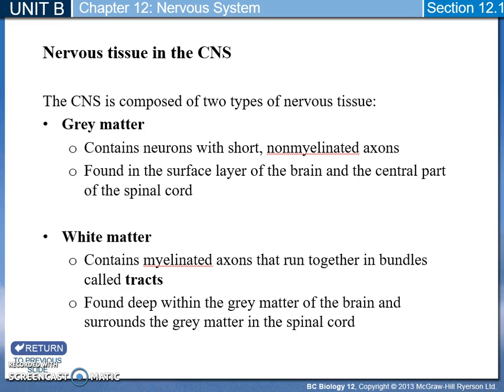The white matter contains myelinated axons that run together in bundles, which are referred to as tracts. These are found deep within the gray matter of the brain and surround the gray matter in the spinal cord. So that's a brief overview of the tissue in the central nervous system, and we will continue to look at other aspects of the nervous system.